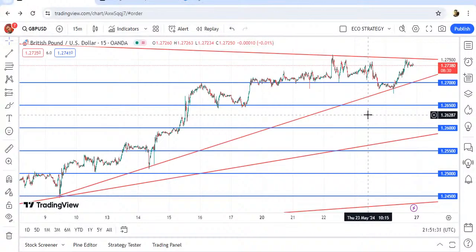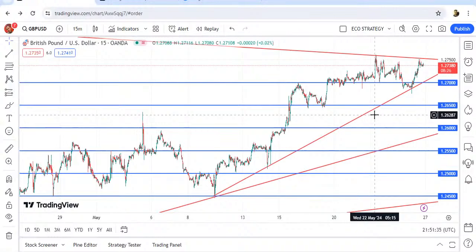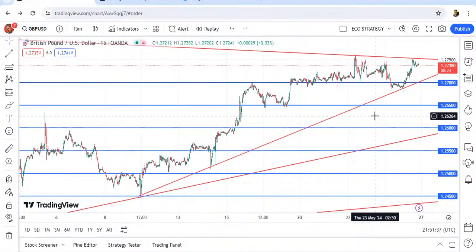So what you have to do with GBP USD, since you already remember there are different types of strategies: there's ICT, there's SMC, and there's price action, right? What you have to do is combine that knowledge you've known, and you're going to see your strategy out.